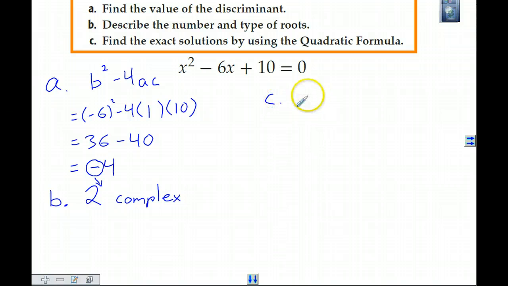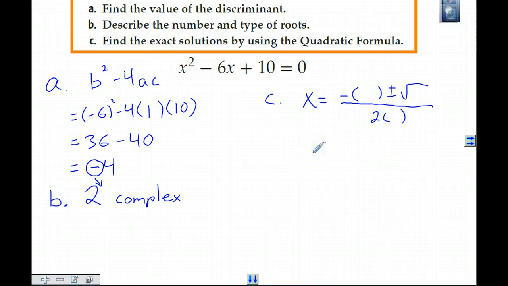We have x equals negative b plus or minus square root of our discriminant all over 2a. We have negative 6 as the b. Discriminant is negative 4. A equals 1. Positive 6 plus or minus i root 4.